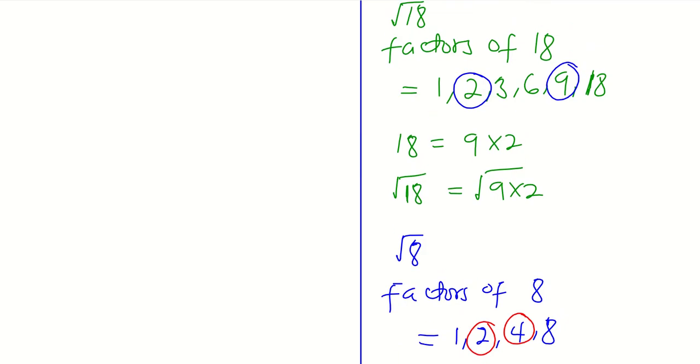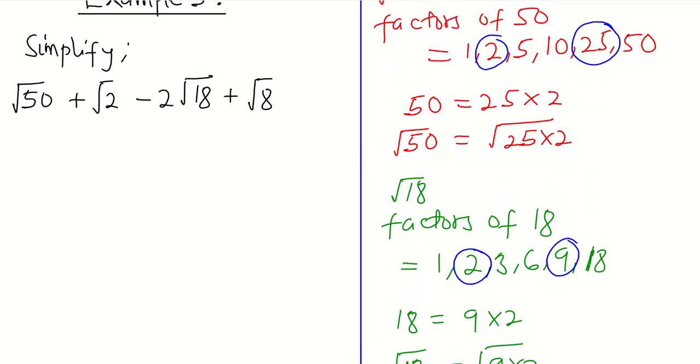Now we do a quick substitution into the main question, and for square root of 50, we are saying it can be expressed as square root of 25 times 2. Now we can put it in brackets, and then we maintain square root of 2 minus 2 in brackets.